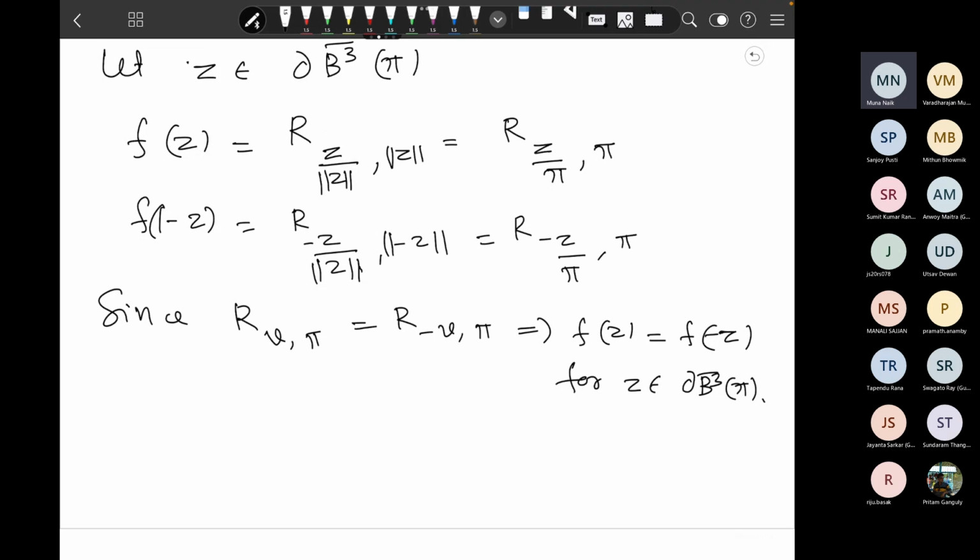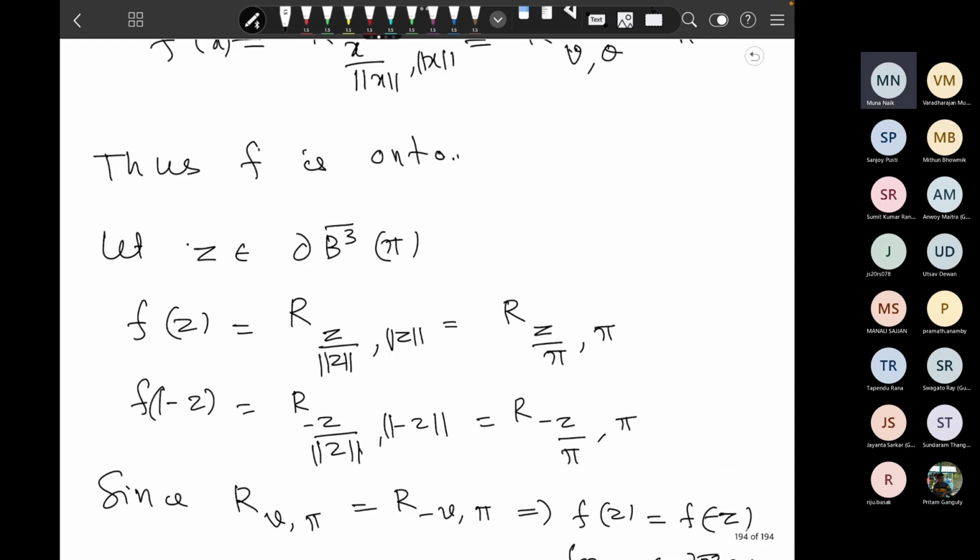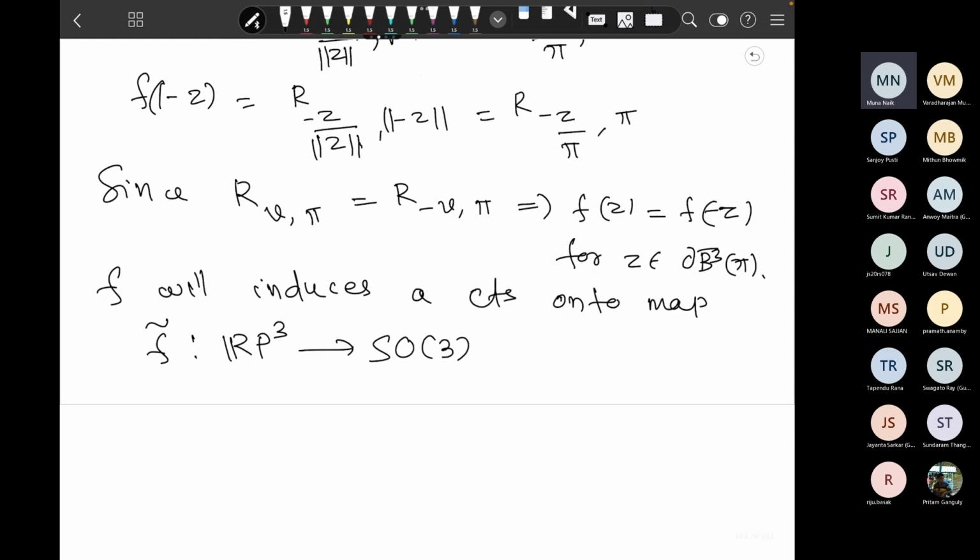For that reason, f will induce a continuous onto map f tilde from RP3 to SO3. Here I am using that RP3 is the closed ball of radius pi with z identified with minus z for z in the boundary.